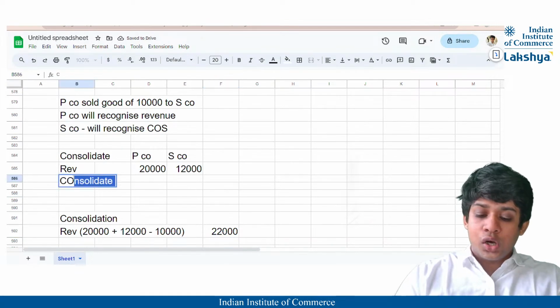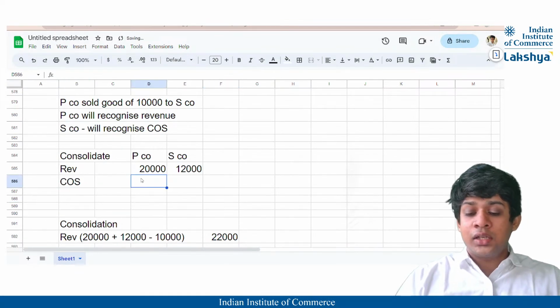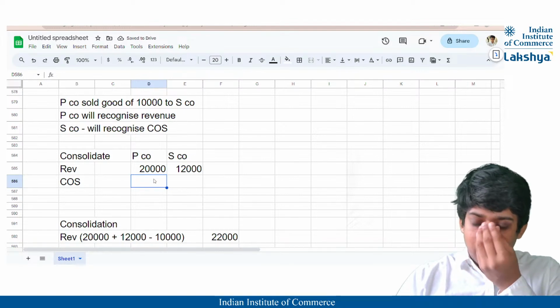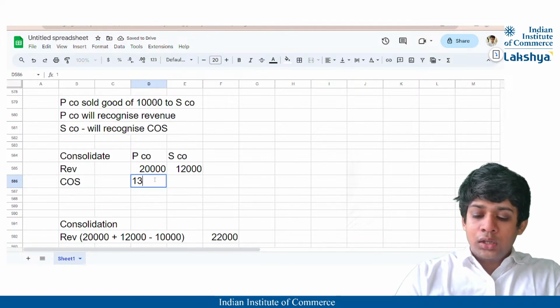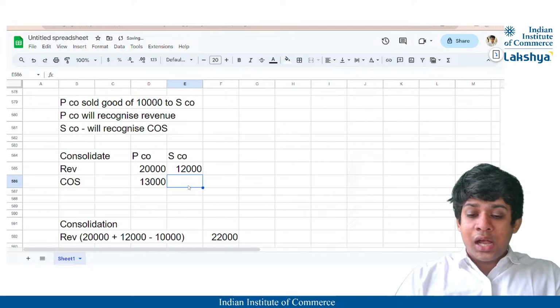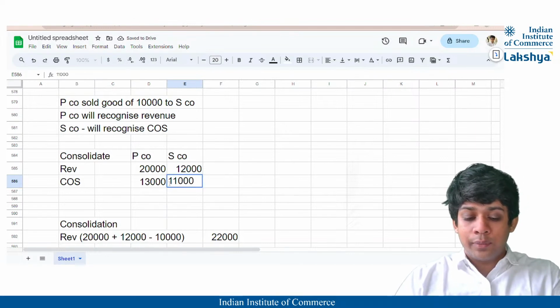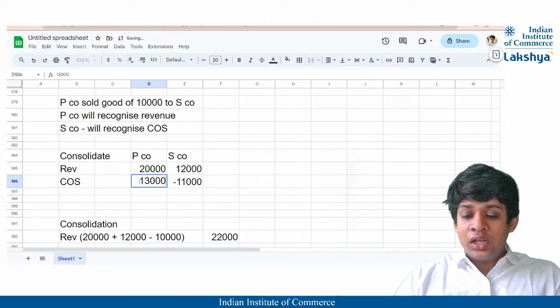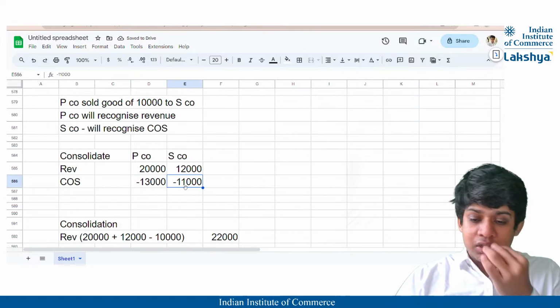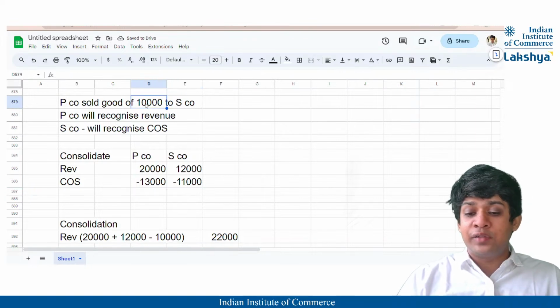Now, for the cost of sales, maybe say the cost of sales of the parent company is 13,000, okay, and the cost of sales of S company is 11,000. Now in this cost of sales included by the S company, there must have been included the purchase made by the S company of 10,000 from the parent company, correct?